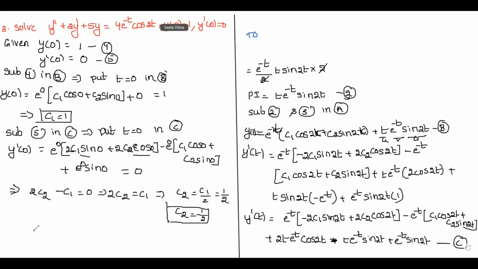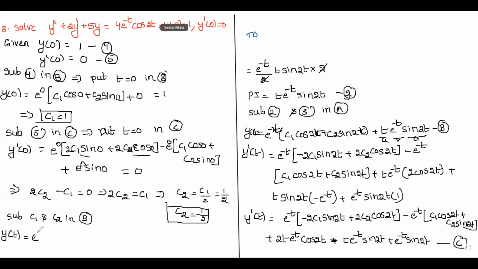So substituting the c1 and c2 values in B, you get the solution which does not have any constants. This is called an initial value problem.